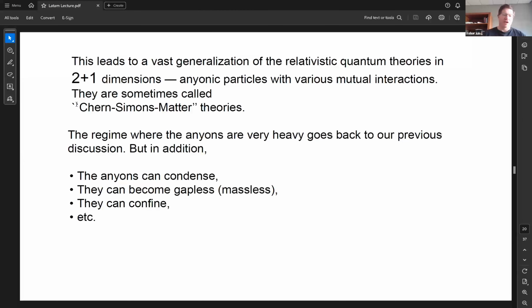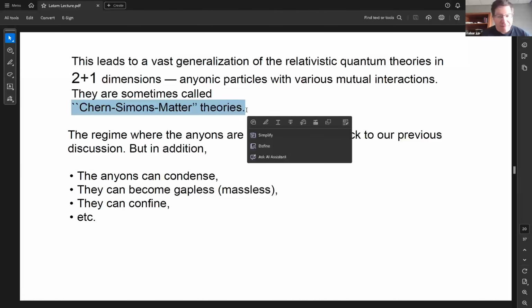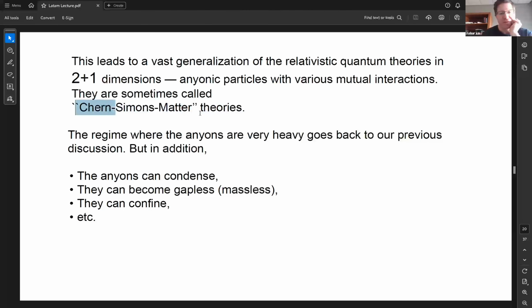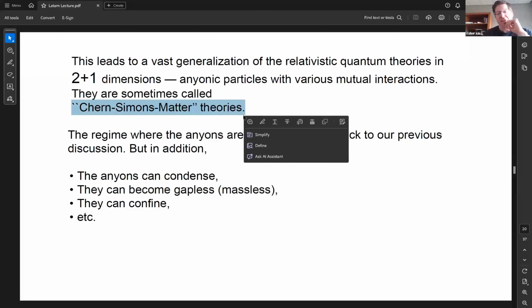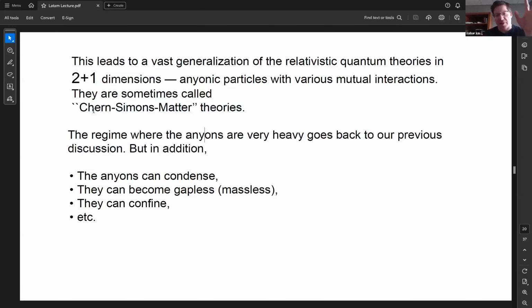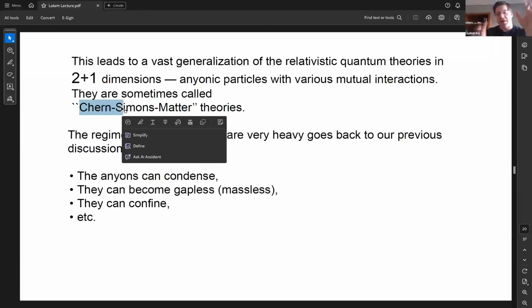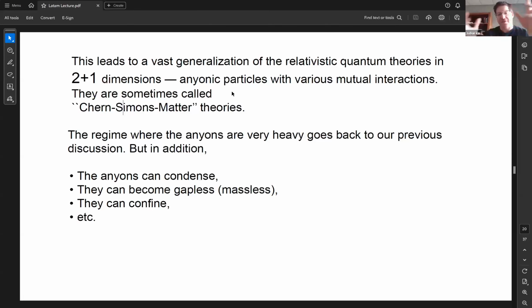Sometimes these theories are called Chern-Simons matter-Maxwell theories. It's a mouthful, or just Chern-Simons matter theories. So these are theories where there is this Chern-Simons business, plus the anyons are dynamical and not just probe particles like in the quantum computation setup. These are actual particles that can be created from the vacuum.